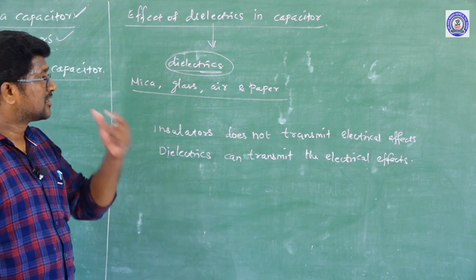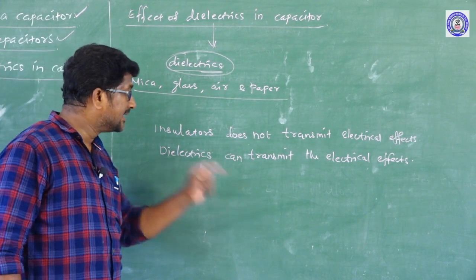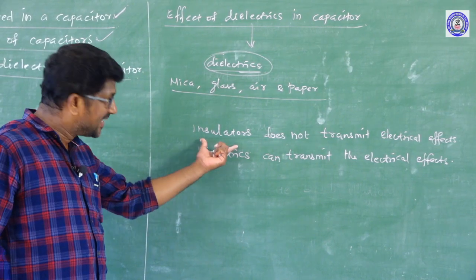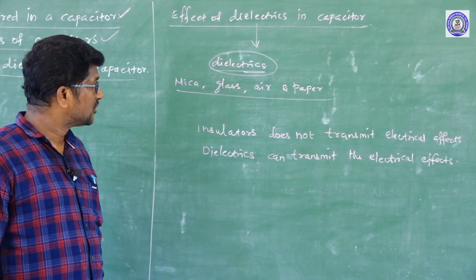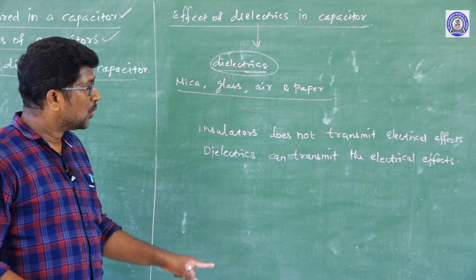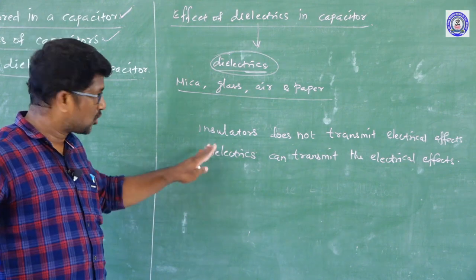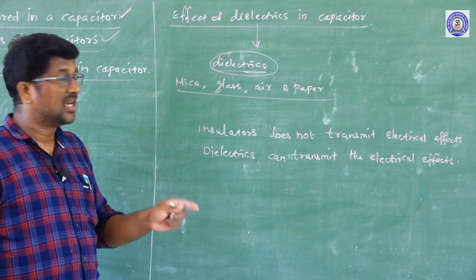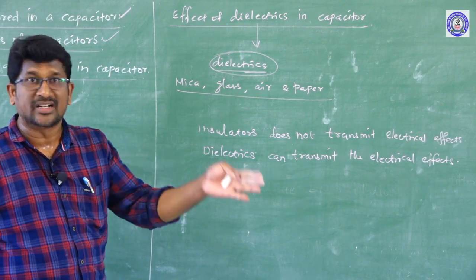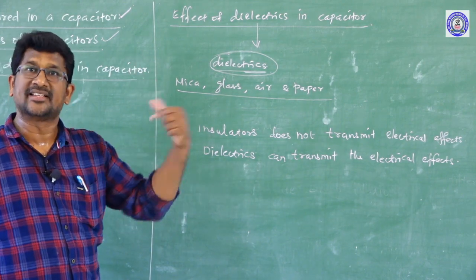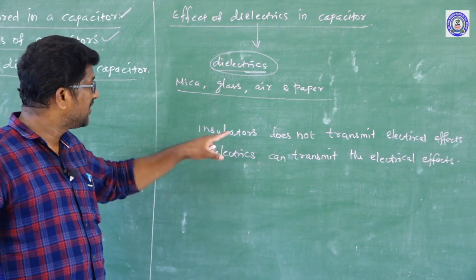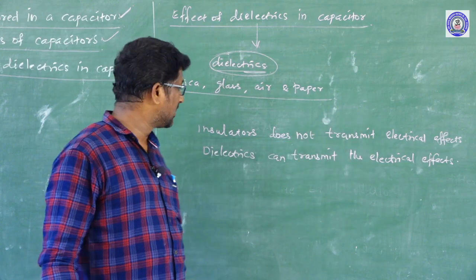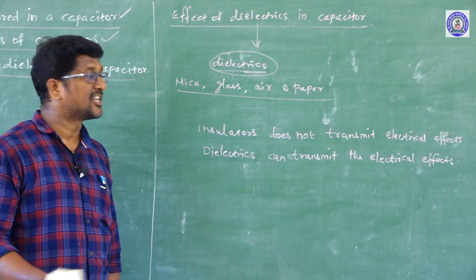Insulator does not transmit electrical effects, whereas dielectrics can transmit electrical effect. So, dielectric also insulated. The insulator which transmits the electrical effects is called dielectric. So, dielectrics are the insulating material, but all the insulators are not dielectric, but all the dielectrics are insulated. The difference between insulators and dielectric is that insulator does not transmit electrical effect and dielectric can transmit the electrical effect.